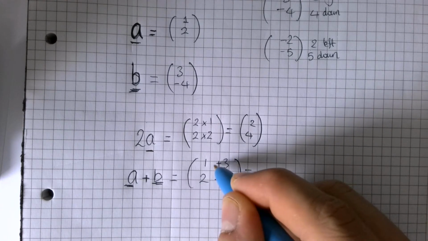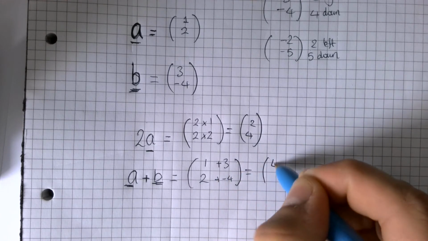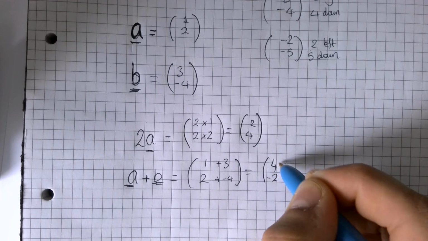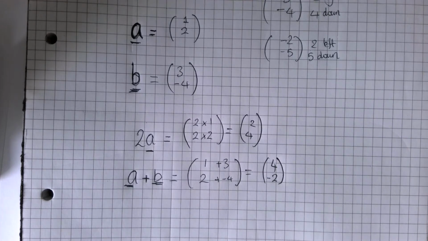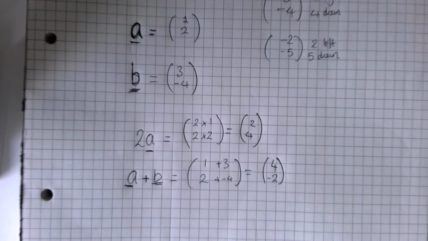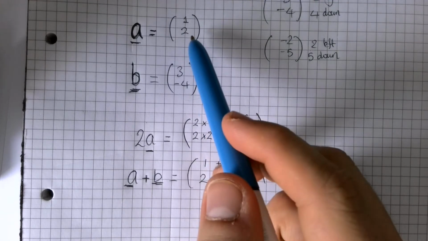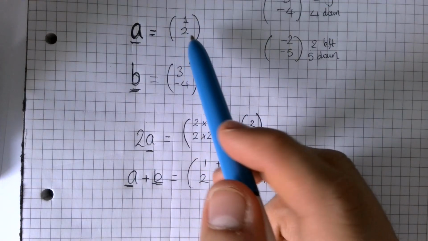That is simply going to be 1 plus 3 is 4, 2 plus minus 4 will be minus 2. So you can do some basic arithmetic with vectors, and that is probably going to form the first part of a question. Now, just remember, vectors are a movement in at any point.